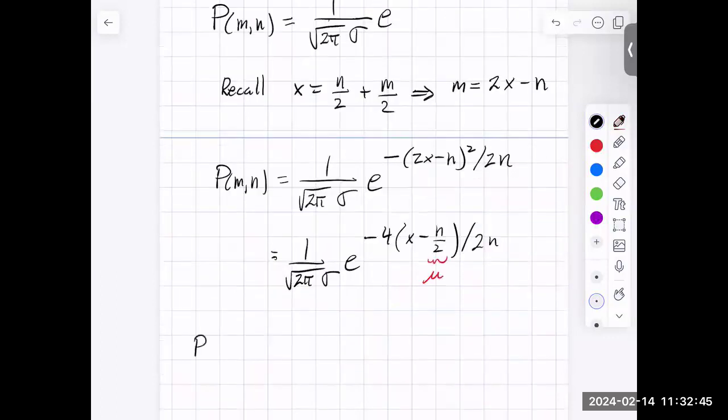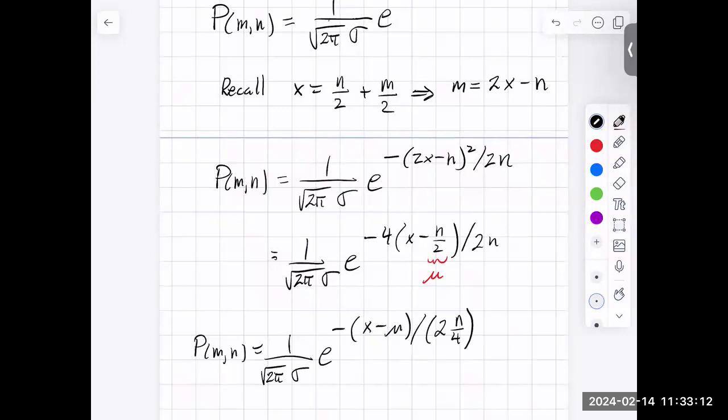And so our probability is equal to 1 over the square root 2 pi sigma e to the minus. I'll do it this way. Let's do x minus mu divide by, let's see, we have a 2, and I'm going to do n over 4.